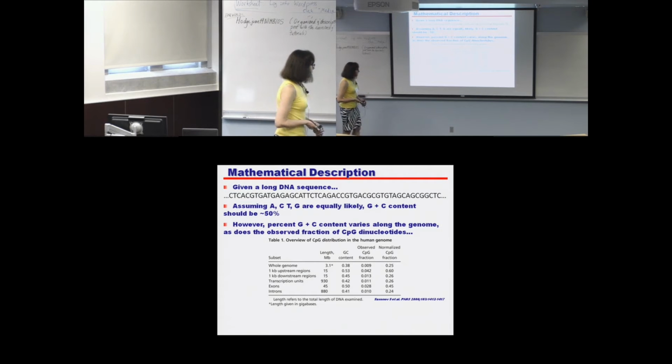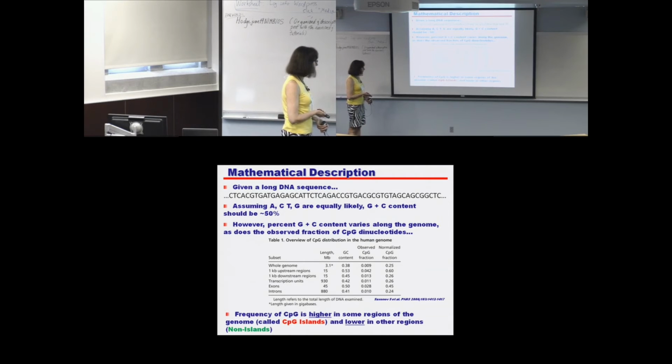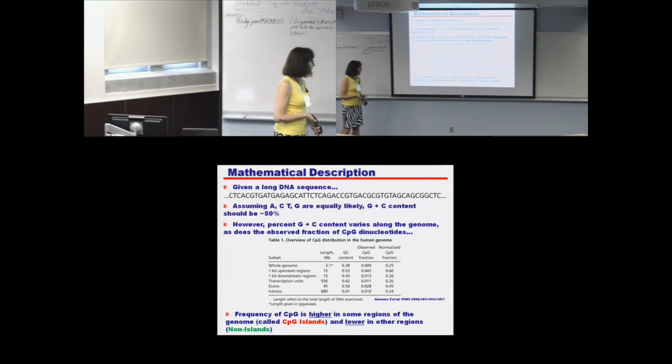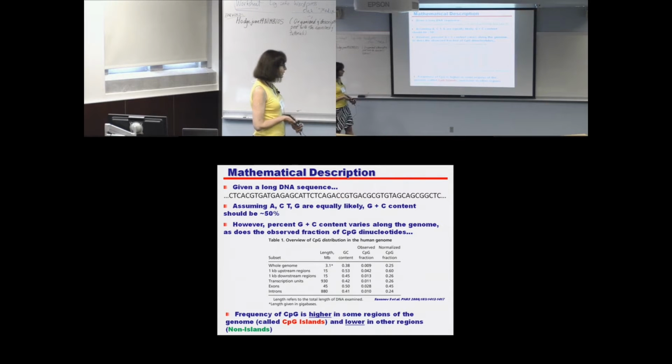You have regions in the genome where the content of G plus C is different, let's put it this way. At different places, the frequency of finding C and G nucleotides varies quite a bit. So we want to say that CpG islands are those regions on the genome where you have higher frequencies of C and G.